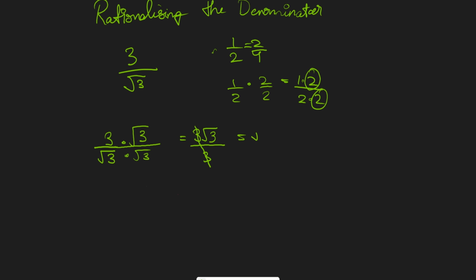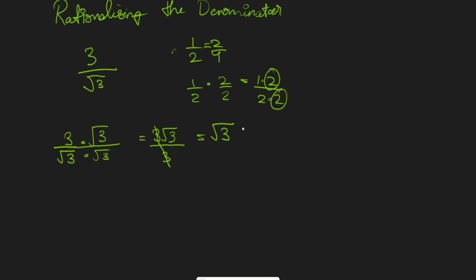So our final answer would be root of 3. And 3 divided by root of 3 is quite complicated. But just finding the square root of 3, you've eliminated a step, and you don't have to do that many calculations.